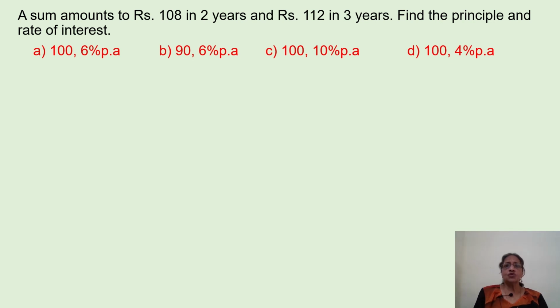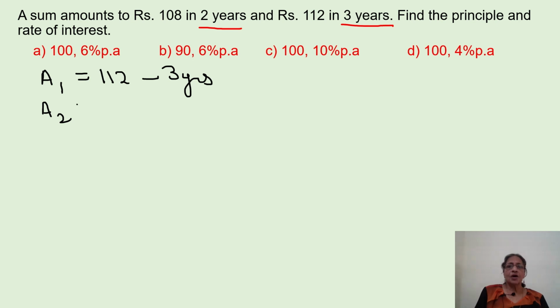Okay, so our correct option here is the C option. A sum amounts to 108 in 2 years and 112 in 3 years. So now you have got two different periods, 2 years and 3 years. Find the principal and rate of interest. So let's see, it amounts to 112 in 3 years, and it amounts to 108 in 2 years.